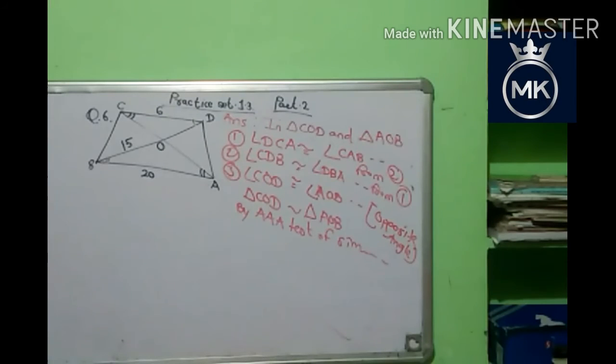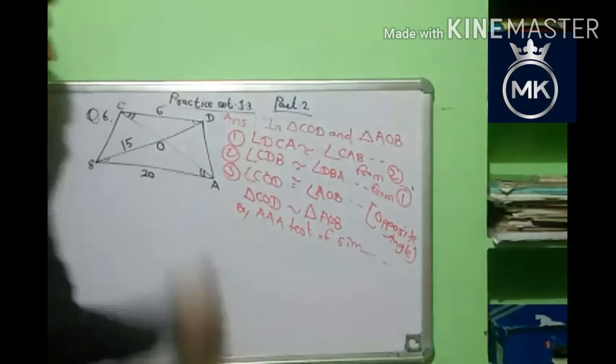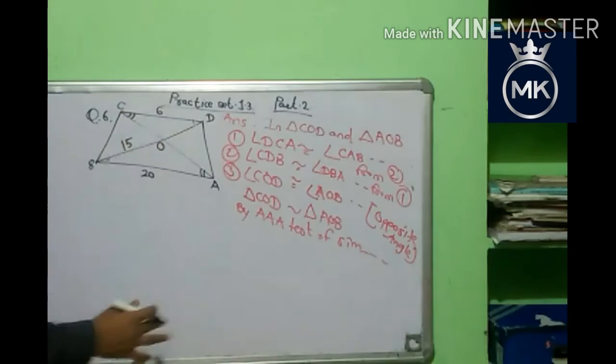When two triangles are similar, the corresponding sides of both triangles are in the same proportion, so we write the corresponding sides in proportion to find OD.